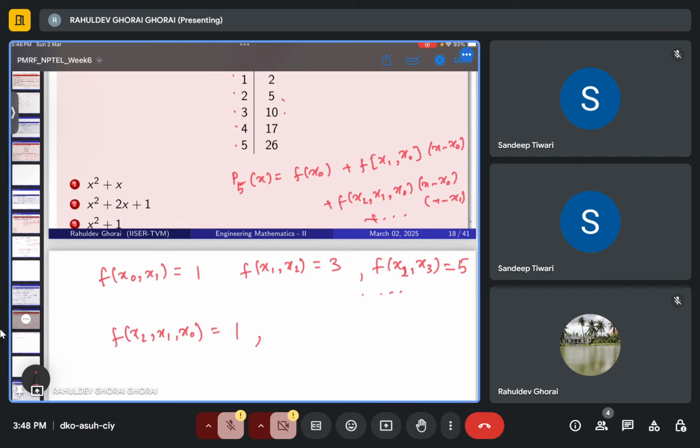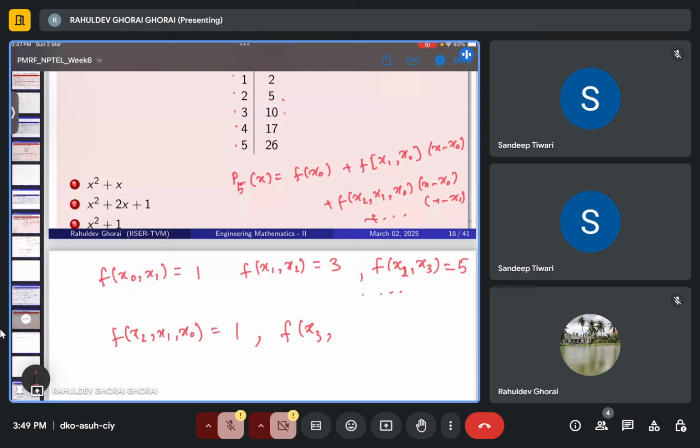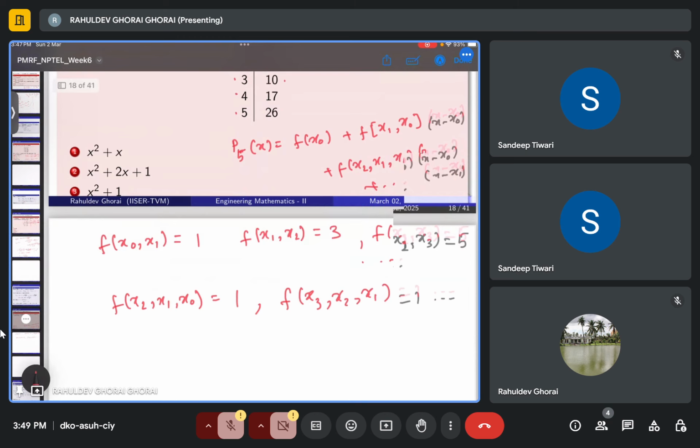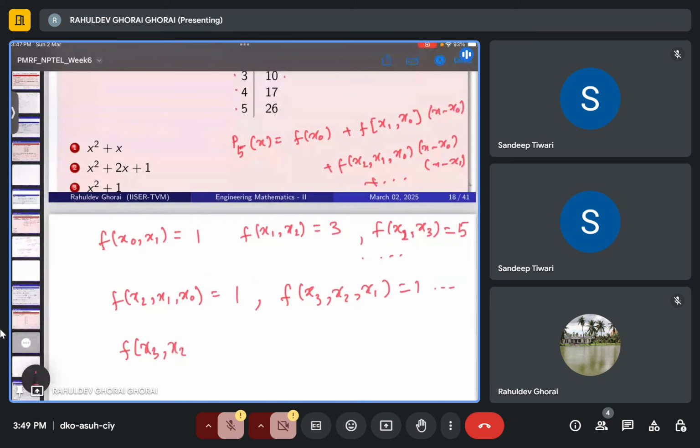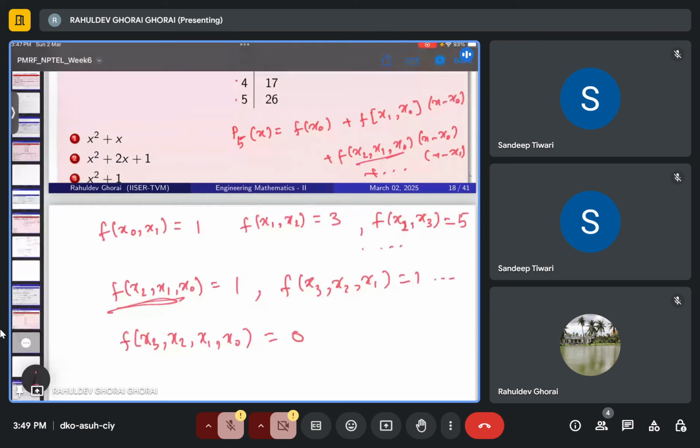So again, 5 minus 3 over 2, that will also be 1. So f[x3, x2, x1] will also be 1, and for the other things, f[x3, x2, x1, x0] will be 0, right? So the other points will be 0. You will only have up to these 3 points, right?